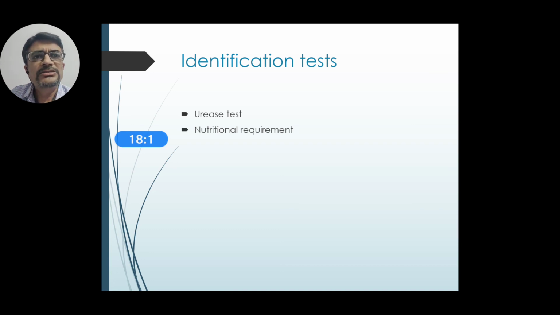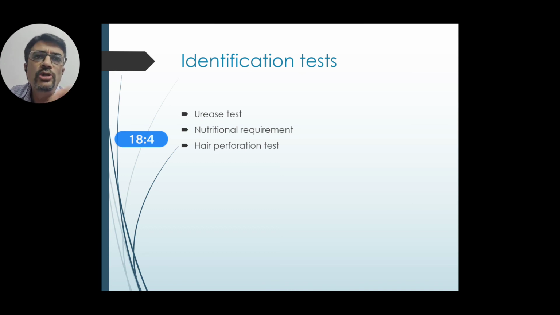Some of the fungus may have a specific nutritional requirement, so that also would help us to diagnose the species. We are not going into the detail of that species level diagnosis. And hair perforation test, that is a test which will tell whether fungus is able to perforate the hair or not. So that would help us in the identification of the fungus.